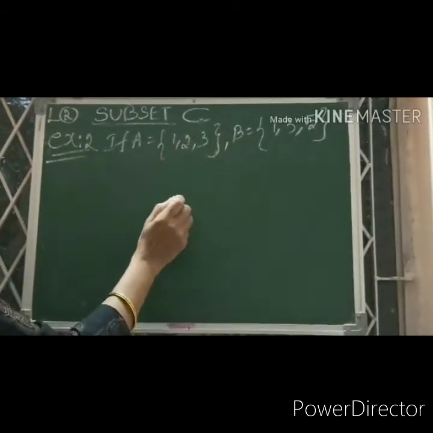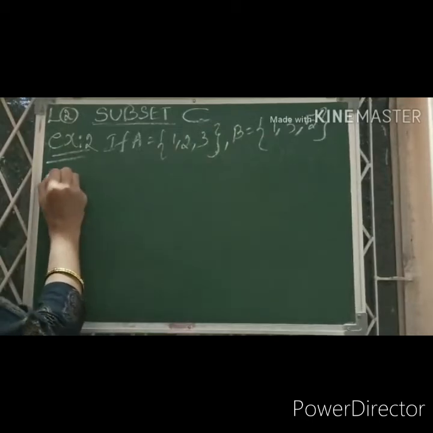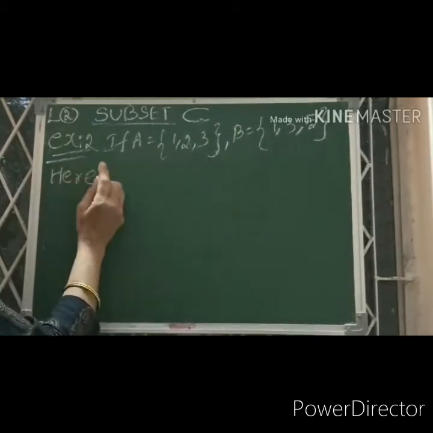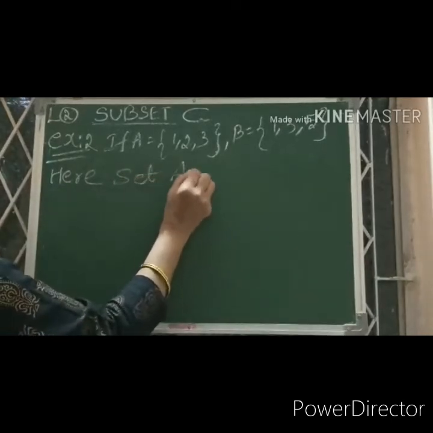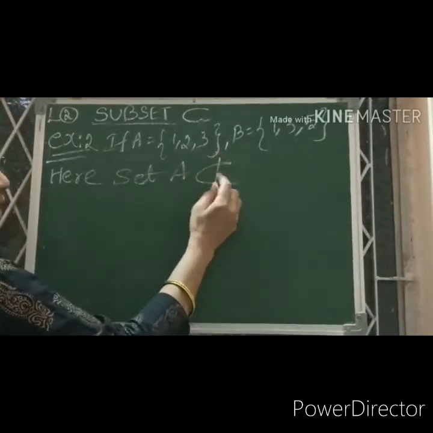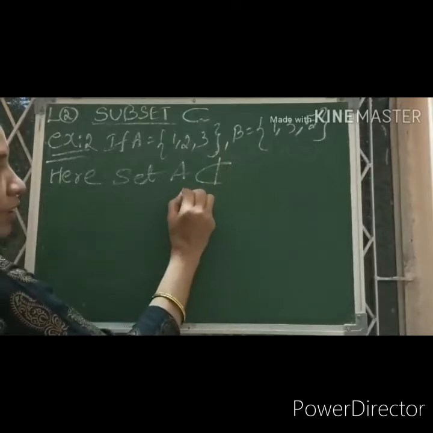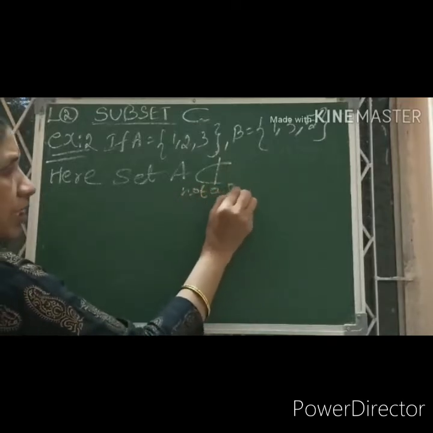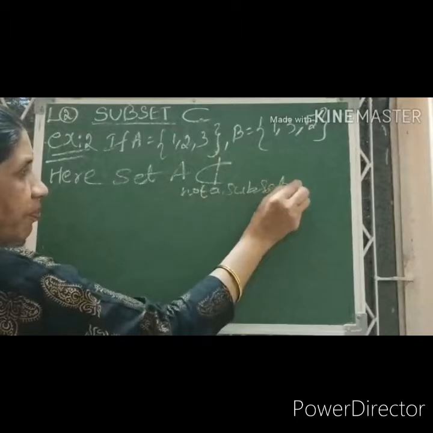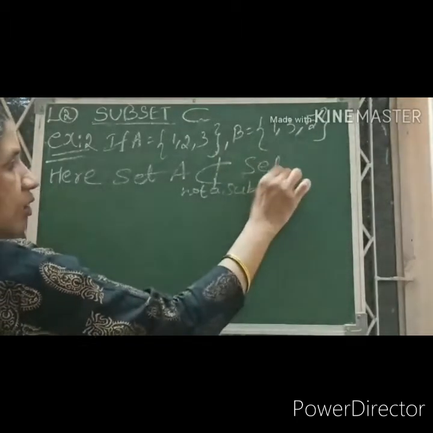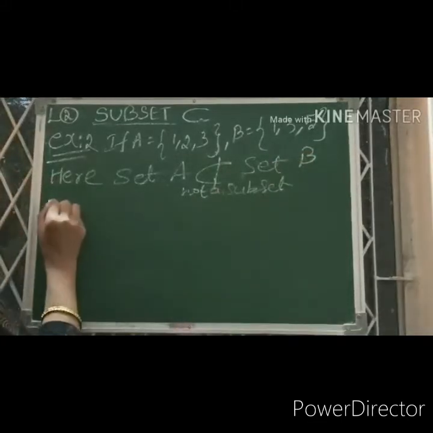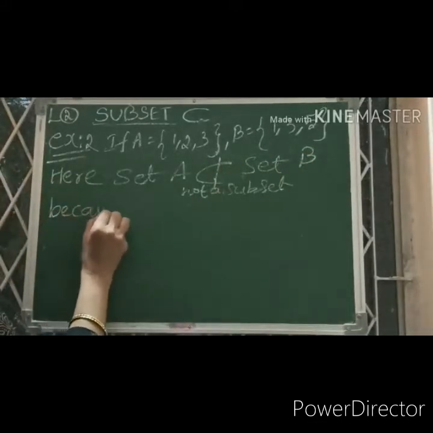See here I am writing. Set A is not, how will you read this? Not a subset. Set A is not a subset of set B. What is the reason?